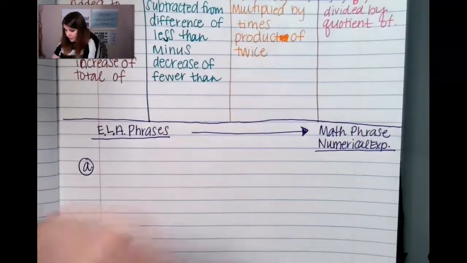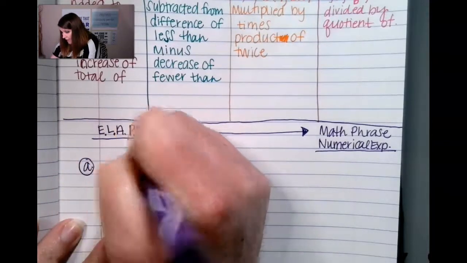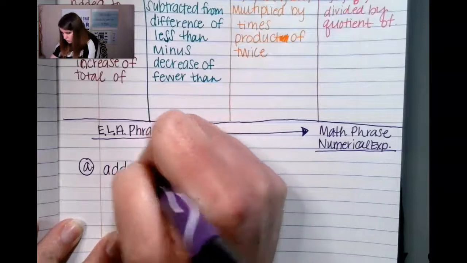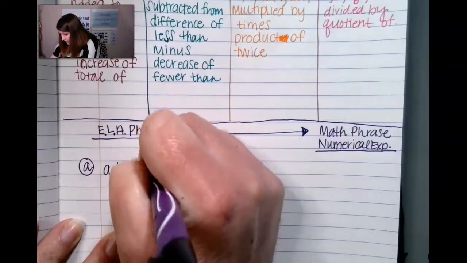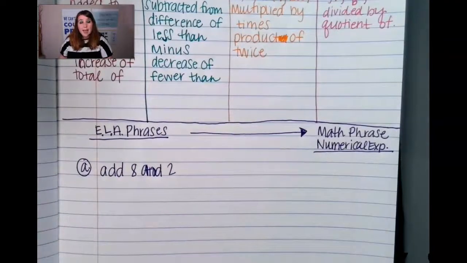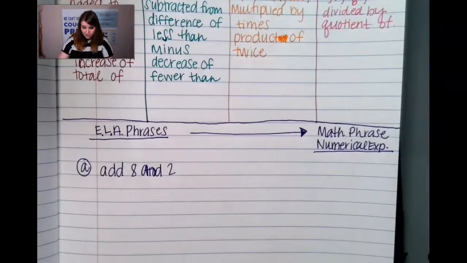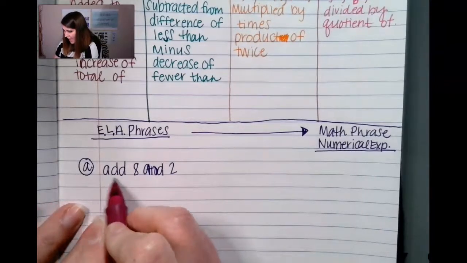Example A. If you read this, add 8 and 2. It said add 8 and 2. In language arts, that's what you read. In math, I would look at this and I would say, okay, add.